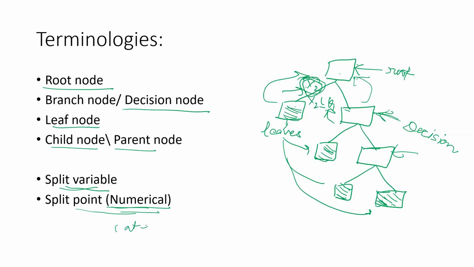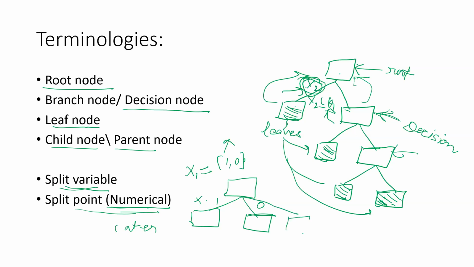For a categorical feature, you just take the different categories. Let's say for binary classification, feature x1 is categorical with categories 1 and 0. Your node can be: if it is 1, then all that data goes here, and if it is 0, then all that data goes here. If there are more than 2 categories, say 3, you can split into 3 parts.